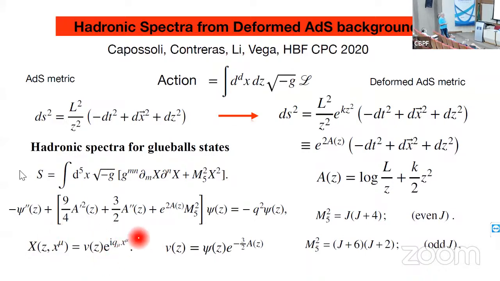In 4 dimensions, it's just plane waves, and the z part is the important part from the holography. We can factorize this function A and have a function psi. This equation can be solved in some cases, using some prescriptions.